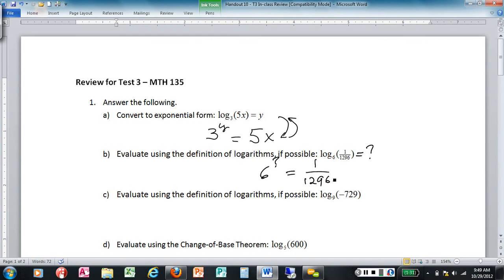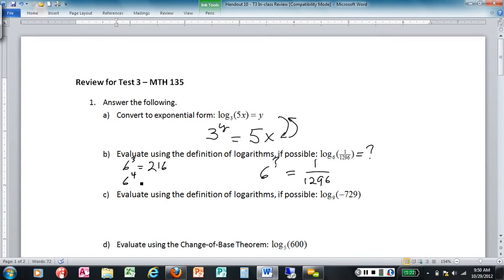And then you're just looking for the power of 6 that happens to be. Now, that power of 6, the 1296, is maybe one you're not that familiar with, but just go through the powers of 6. You know, 6 to the third is 216. 6 squared is 36, but 6 to the third is 216, so it's not that. And then if you go to 6 to the fourth, what do you get?